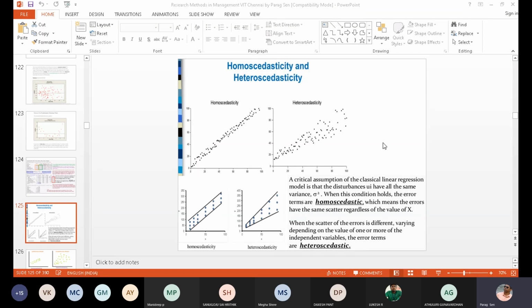The data does not exhibit homoscedasticity. It may be heteroscedastic in nature, or it may be non-linear, you can assume.